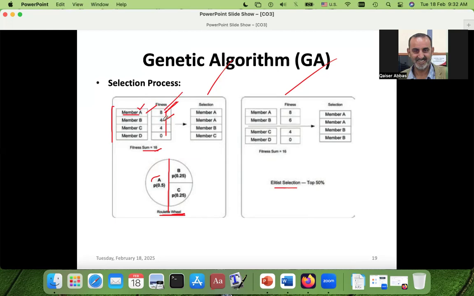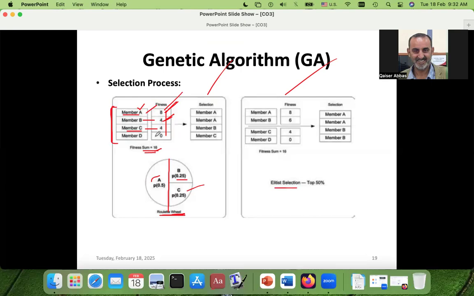And then this 4, if you calculate the percentage, it will give you 25%. And then this member B will have a 25% chance to be selected from this population. Similarly, according to this score 4, this is the total sum. If you calculate the percentage, then you will know that this member C will again have a 25% chance to be selected from this population.